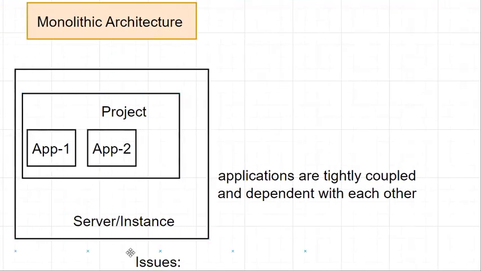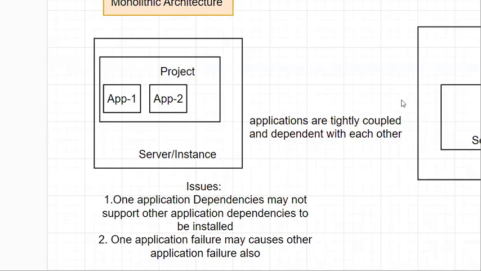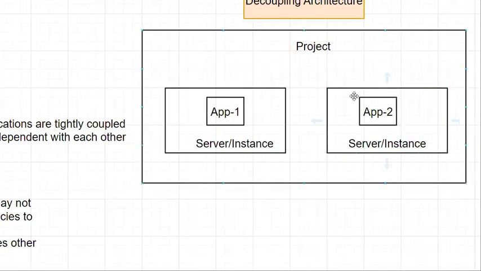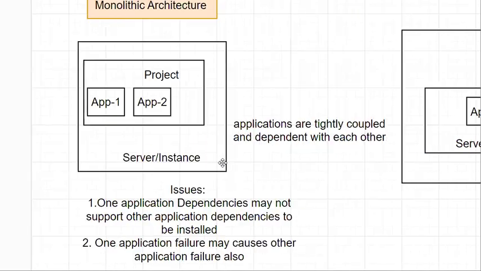hosted on different servers. Your single project's applications are hosted on different servers. Since one application is hosted on one server and another application on another server of your project, we can overcome both issues.